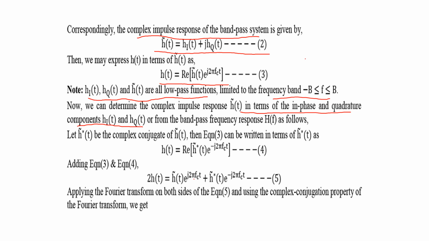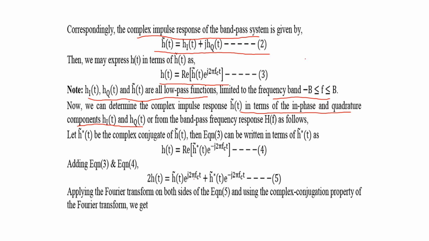from the bandpass frequency response h of f as follows. We can also let h conjugate of t be the complex conjugate of h tilde of t. We can write h of t equals real of h conjugate of t into e to the power of minus j 2 pi fct. While converting a band pass to a low pass, we consider only the real terms, because a band pass signal transmits only the real signal, not the complex one.